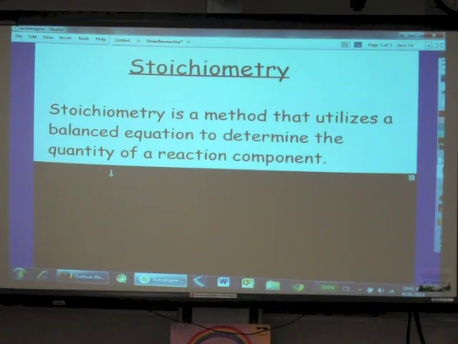Stoichiometry is a method that is going to utilize a balanced equation to determine the quantity or quantities of a reaction component. So we're looking at mass relationships here and the way that reactant mass and product mass are related to one another.